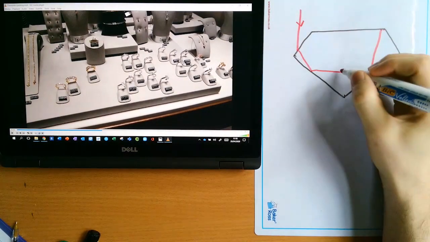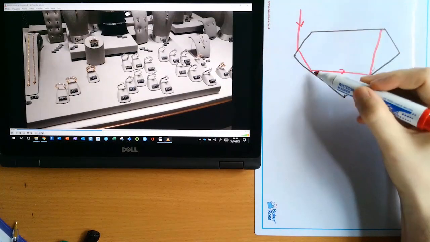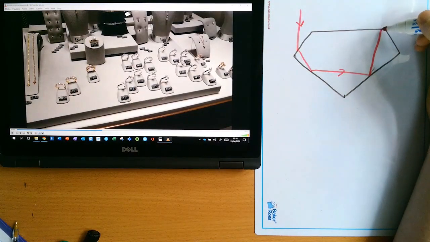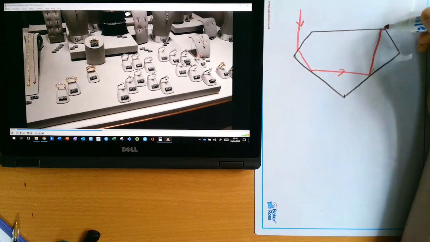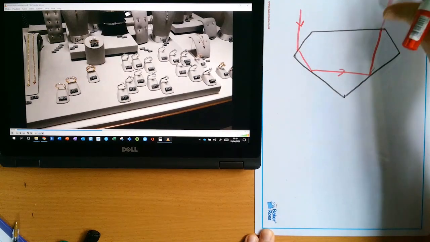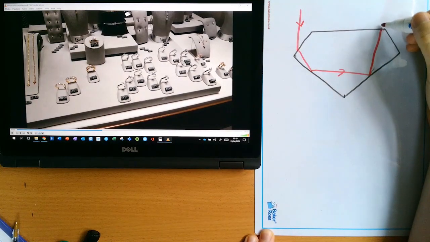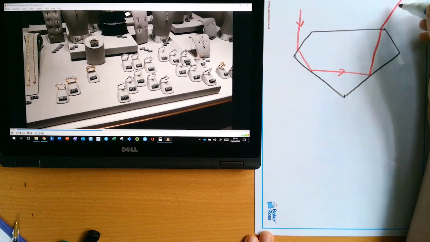So what it is showing is the light total internal reflection hits this point, and at this point it's going to refract away from the normal. So at this point the normal is there, it would probably go off in that direction.